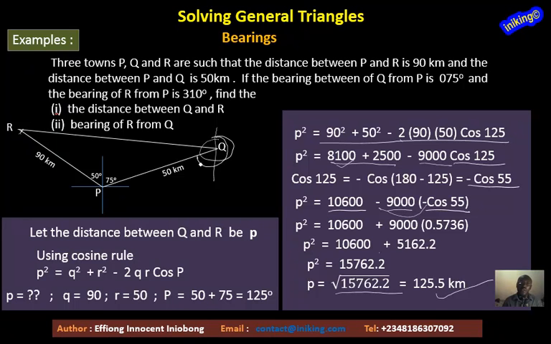From here down there, how do I get that? This is 180 at this point. What about this angle? Okay, I can see this is alternate to 75. So this will be 75. All I need is to find this other angle here, Q. That will give me what I'm looking for.